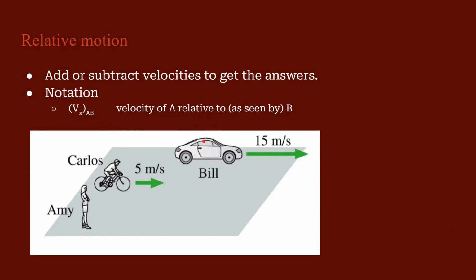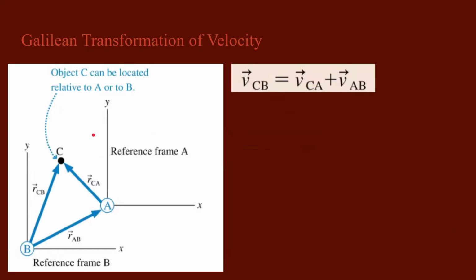And for Bill, Carlos, it's going to look like he's going in the left direction 10 meters per second. And Amy, it's going to look like she's going negative 15. So in that case, you would subtract it. Does that make sense? All right, the last thing we're going to talk about is Galilean transformation of velocity.